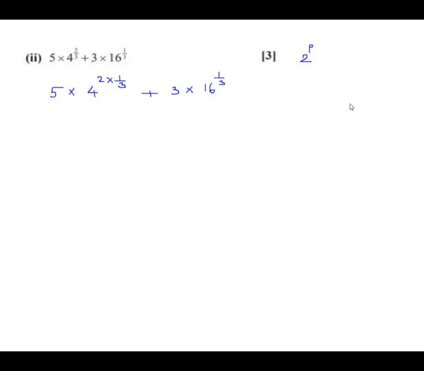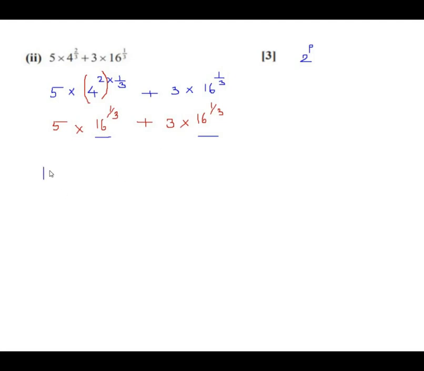Now here, next what I can do is, I can take this term together. So I get it as 5 times 4 to the power of 2 is 16 raised to the power of 1 over 3 plus 3 times 16 to the power of 1 over 3. As you can see, 16 to the power of 1 over 3 and 16 to the power of 1 over 3 are present in both the terms.